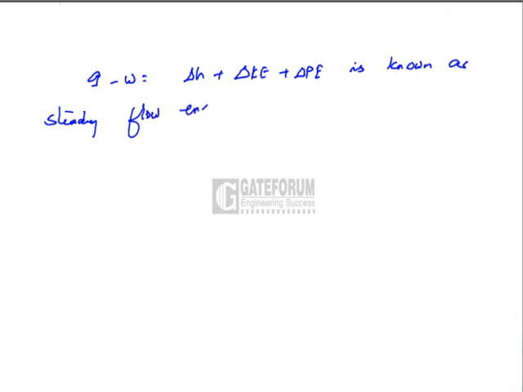This equation, that is q minus w is equal to delta H plus delta KE plus delta PE, is known as steady flow energy equation, abbreviated as SFEE.